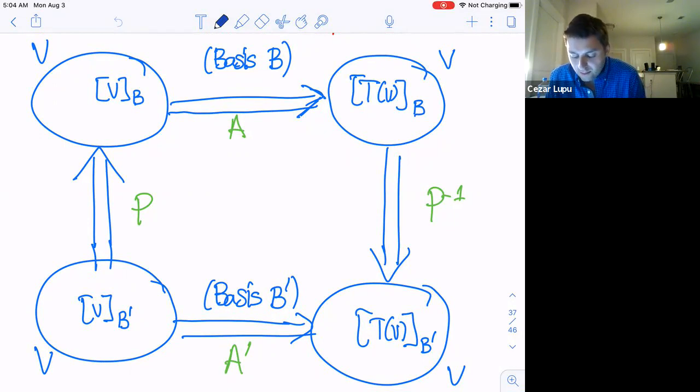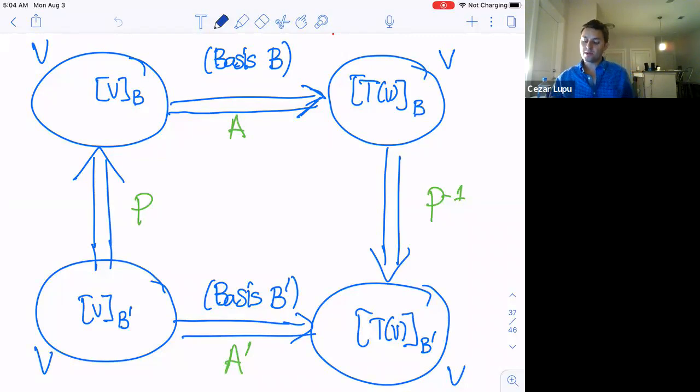As you look at this, there are two ways to get from the coordinate matrix of V relative to the basis B prime, as you can see here, to the coordinate matrix of T of V relative to the basis B prime. One way is the direct way, just by using the matrix A prime.